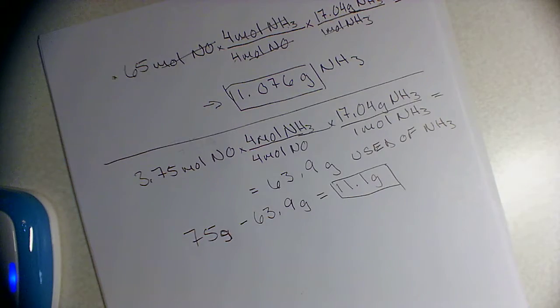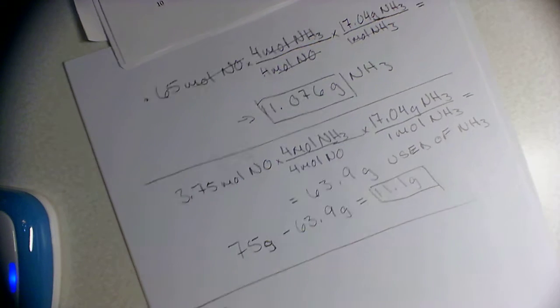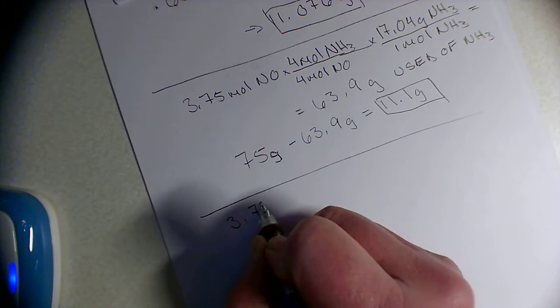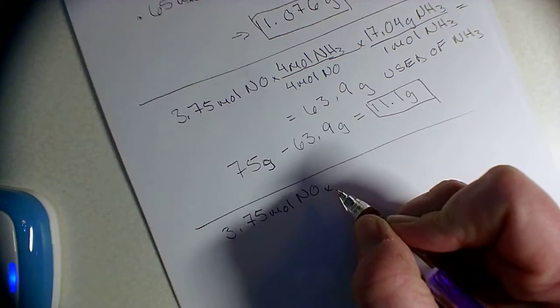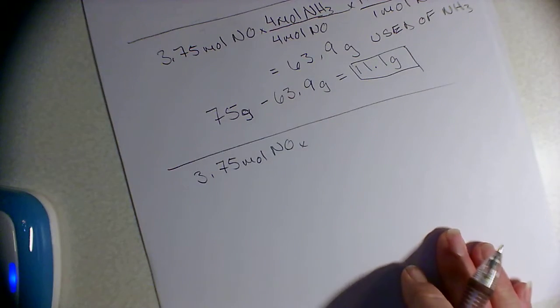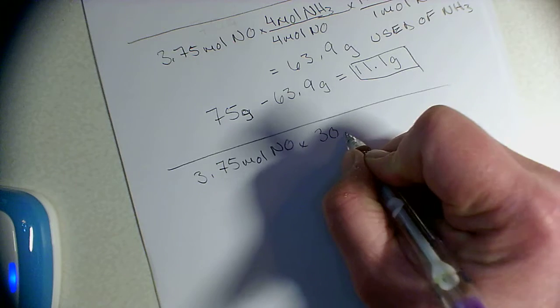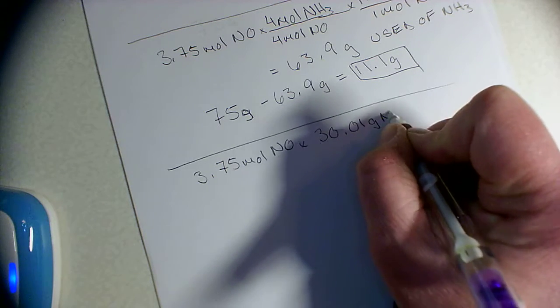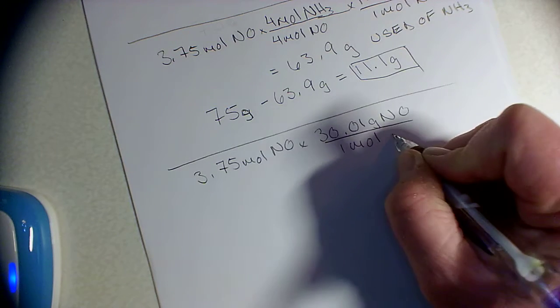And then we'll quickly do the mass of NO produced. The mass produced, we know that we have that 3.75 moles of NO times the molar mass that you were provided, 30.01 grams of nitric oxide per 1 mole of nitric oxide.